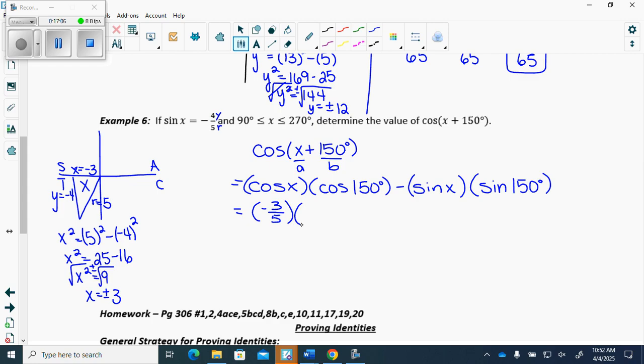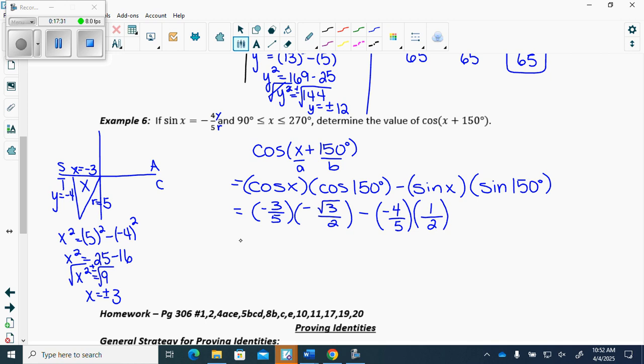What is cos at 150 degrees? -√3/2. Minus sine of x is -4/5. Sine of 150 is positive 1/2.